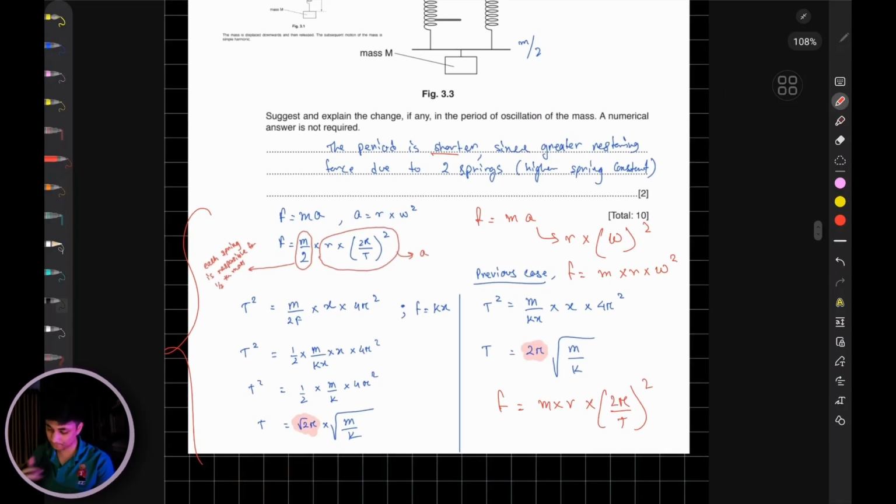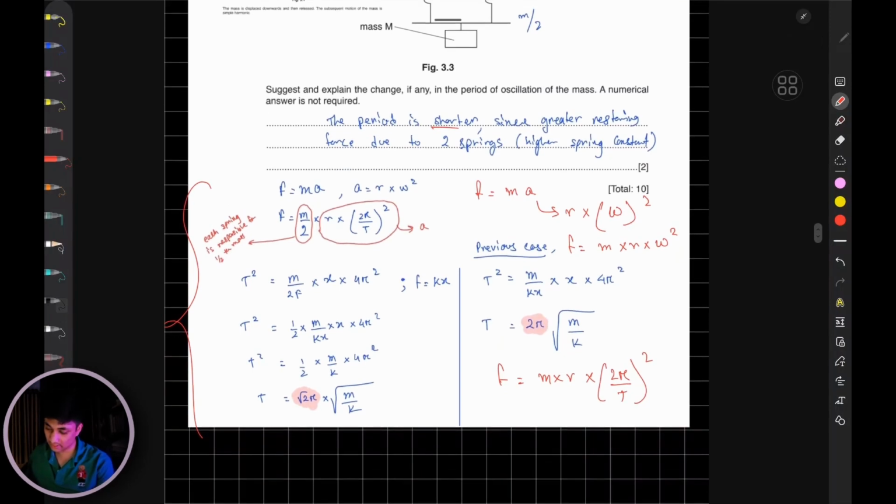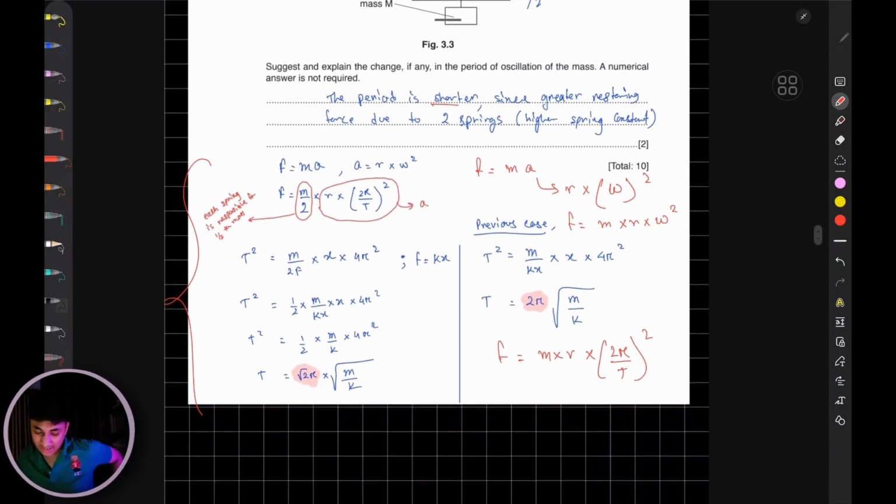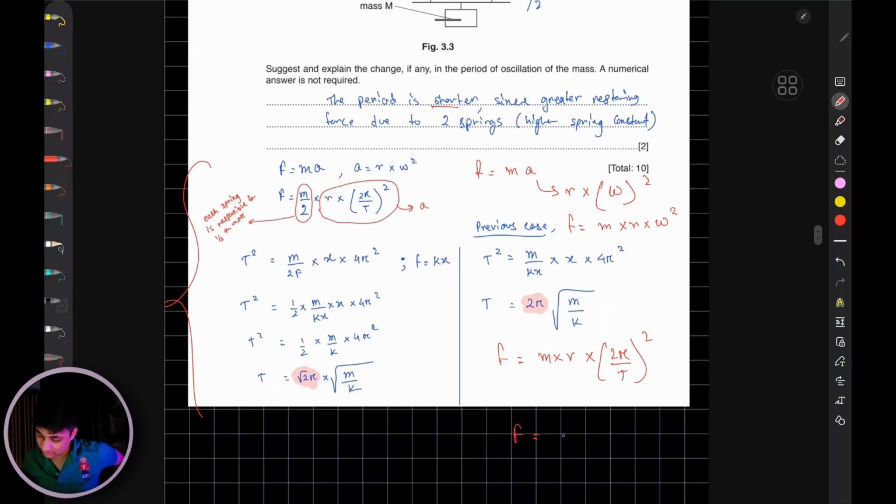Now notice one thing. I can also write the force as kx. Why? Because the restoring force of each spring is actually this constant times the displacement. So greater the displacement, greater the pulling force. You know it from probably AS level, this formula.